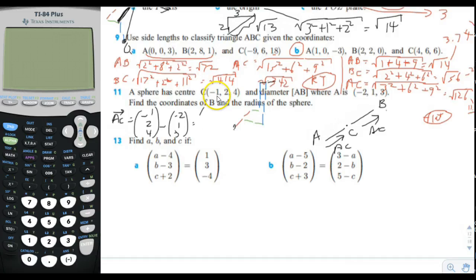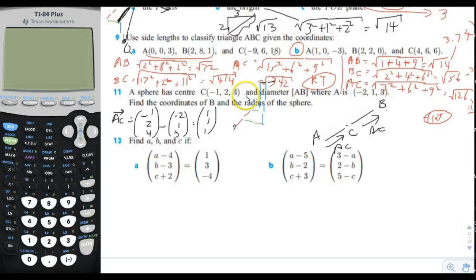So that's negative 1 minus negative 2, which is negative 1 plus 2, which is 1. 2 minus 1 is 1. And 4 minus 3 is 1. So 1, 1, 1.